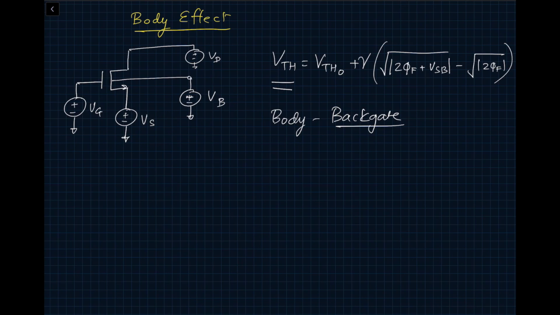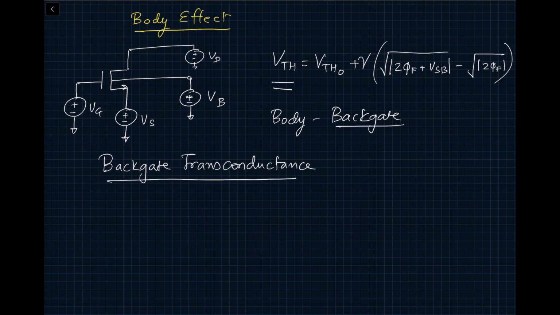Now we will try to figure out, if body potential has an effect on the drain current, then what is the transconductance? Okay, the backgate transconductance of the MOSFET in saturation. So what we are trying to figure out is gmb. B denotes bulk or backgate, and that is given by del ID by del VBS.